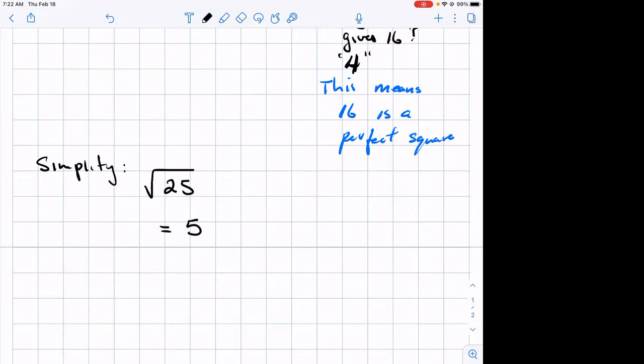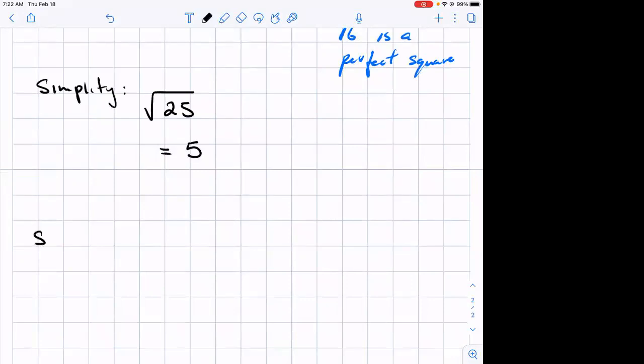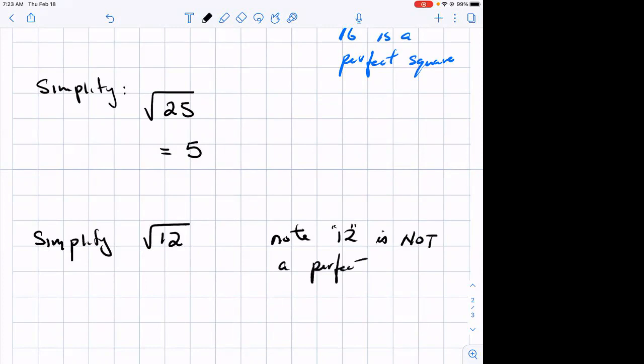But if we have something such as 12, there is no number that when multiplied by itself gives 12. So if we are asked to simplify the square root of 12, note 12 is not a perfect square.